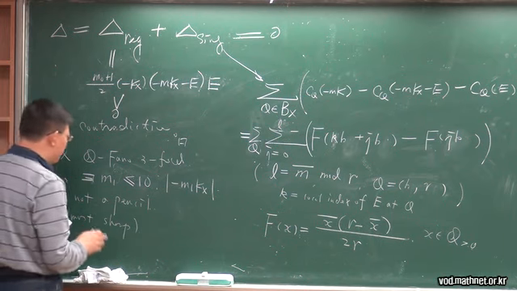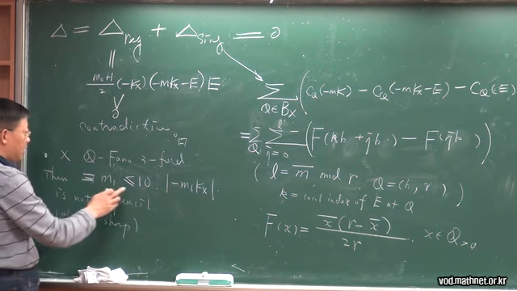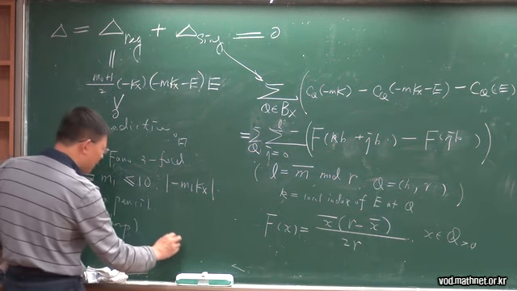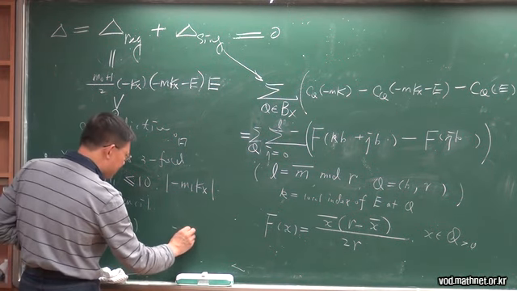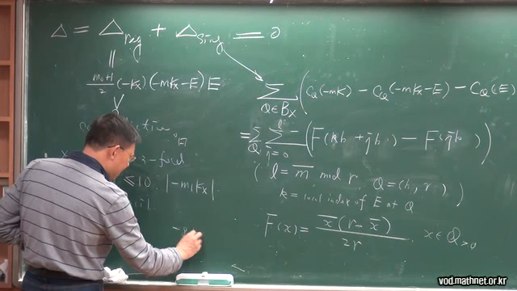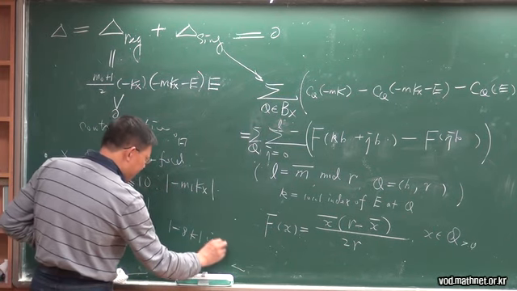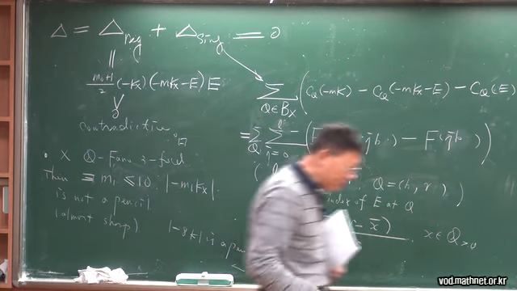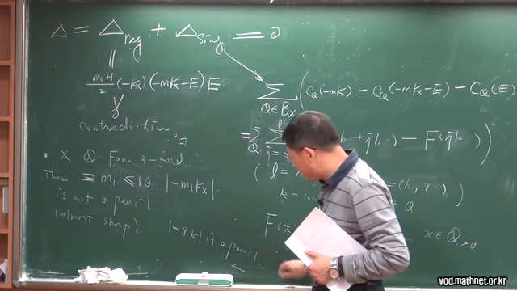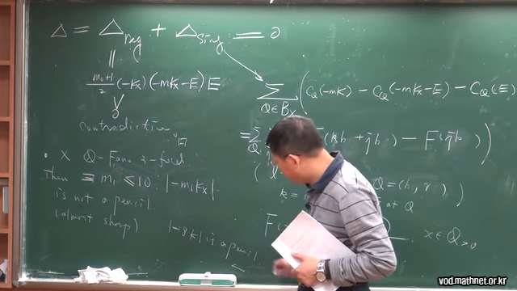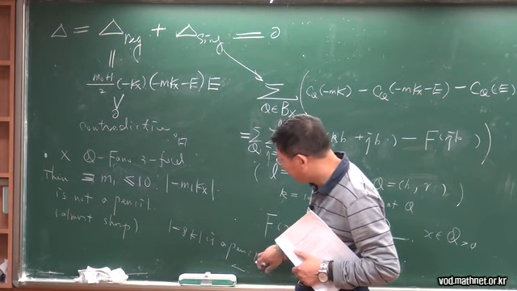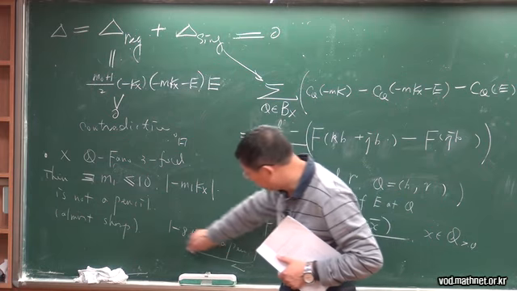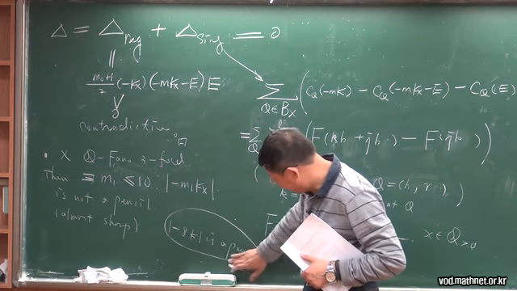There is one example where m1 is 8, where minus 8K is a pencil. This is not really an existing example, it's a theoretical case.